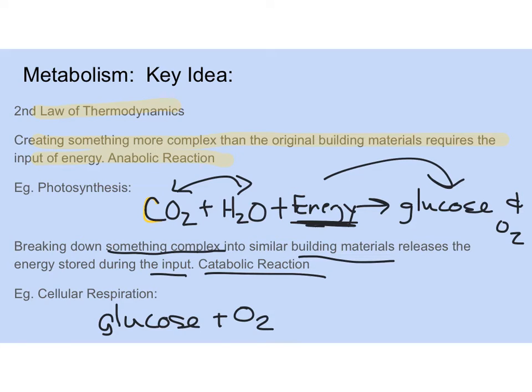We don't require any energy, though. This is actually going to release energy. So when glucose breaks down into something simpler, like CO2 and water, energy is released. When you build something complex, you need energy. When you break something down, you don't need any energy.